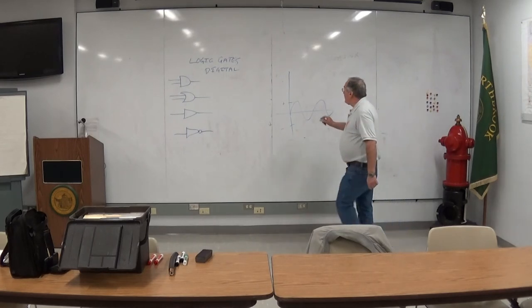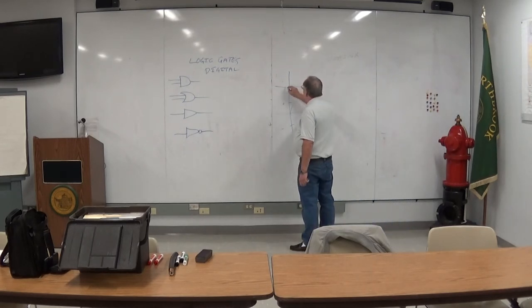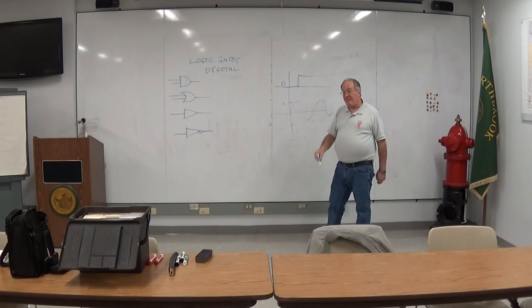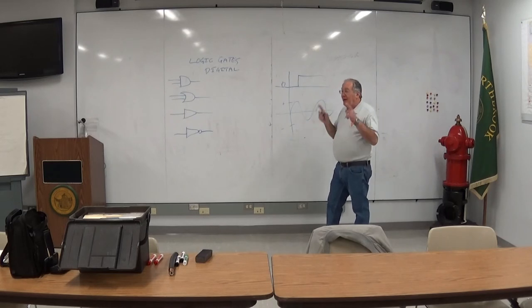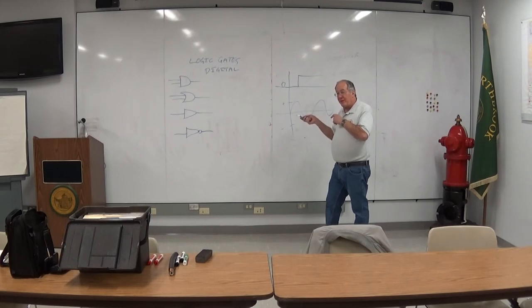In the digital world, I'm either going to be at 0 or I'm going to be at some positive value, or some other value. I'll be at two levels. It may not even be 0. One could be plus 12 volts, one could be minus 12 volts.